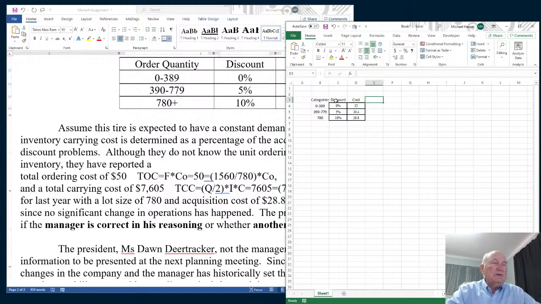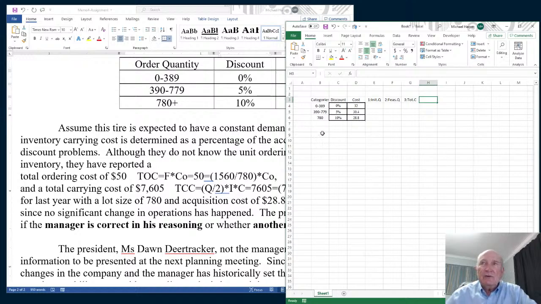Now remember, the way we do this is, first of all, we want our initial Q, and then we want our feasible Q, and then third, we want the total cost. Okay, so that's how we do this. But first, we have to get the unit cost here.